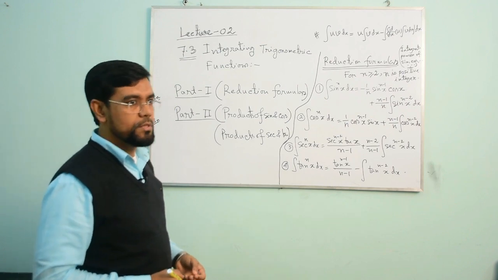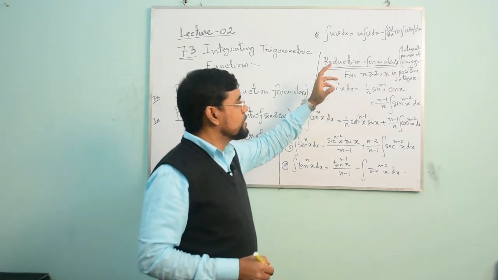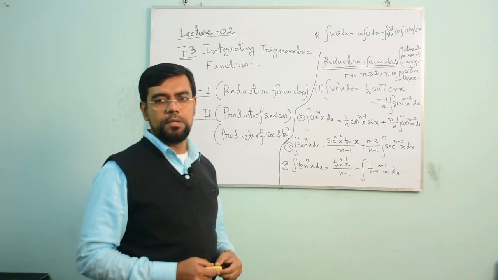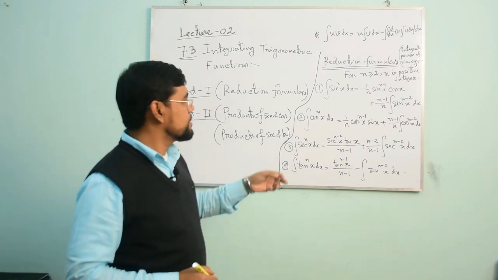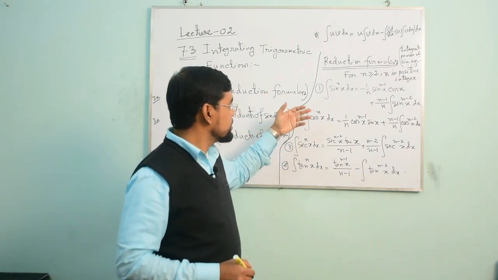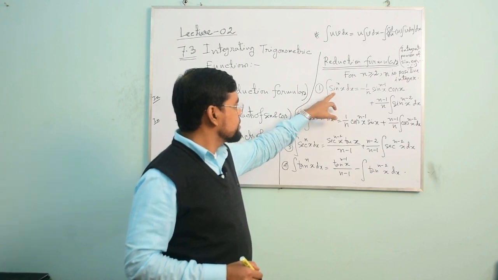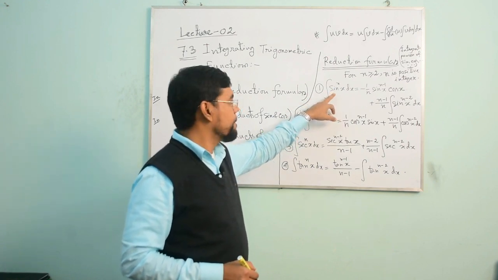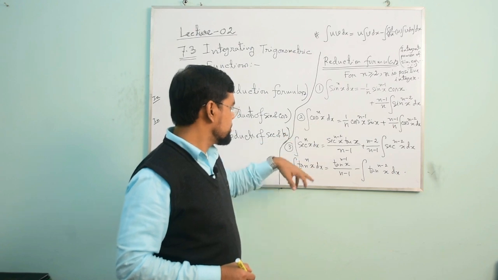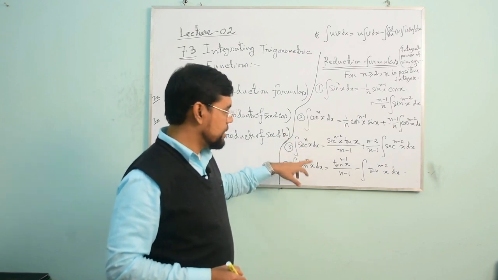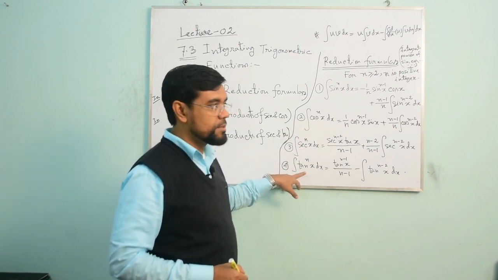Now the first question is why it is called a reduction formula. You see there are four formulas I am going to discuss. The first one is for sin x, the second for cos x, the third for sec x, and the fourth for tan x.